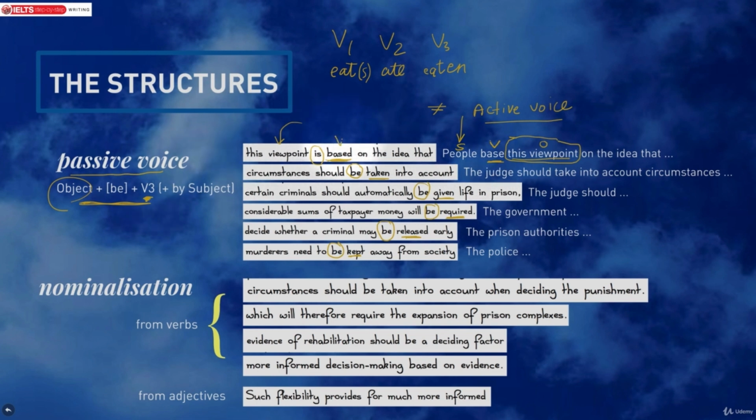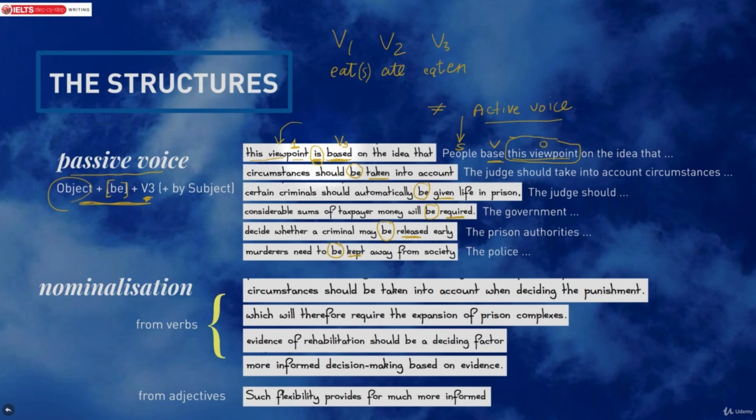So there it is, based. And then what we do need to do is change this verb slightly by adding something just before it, and it's a form of be in this case. So this viewpoint is based, because this viewpoint, it's not are, there's only one. So I am, he is, she is, it is, right?